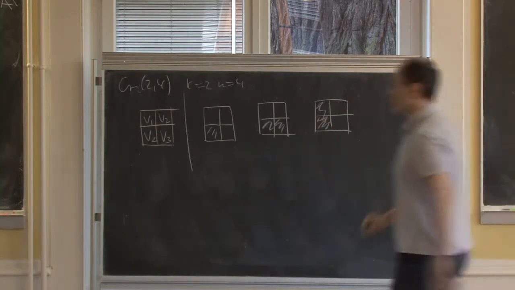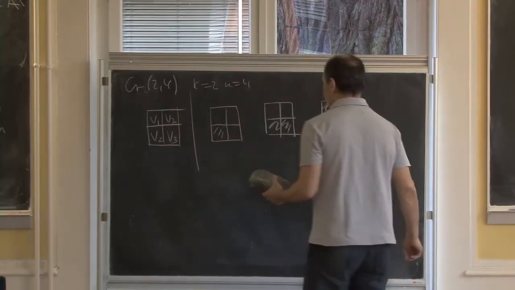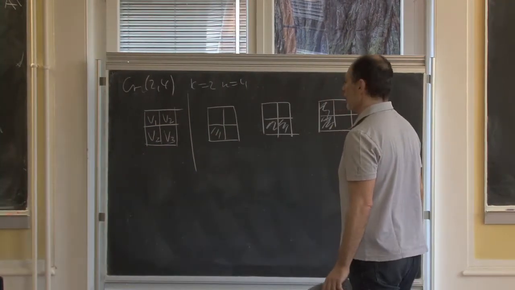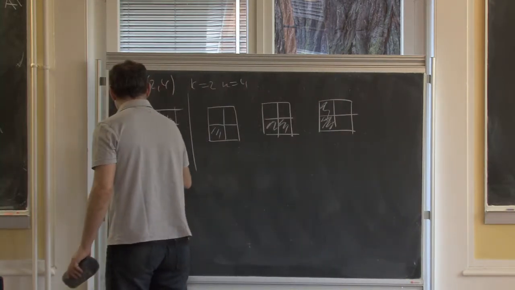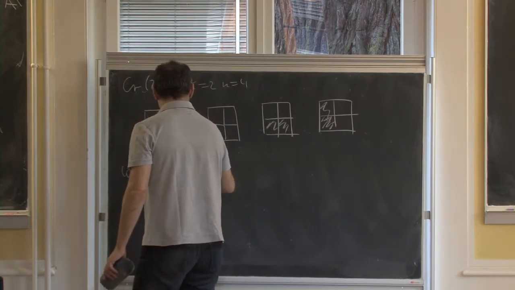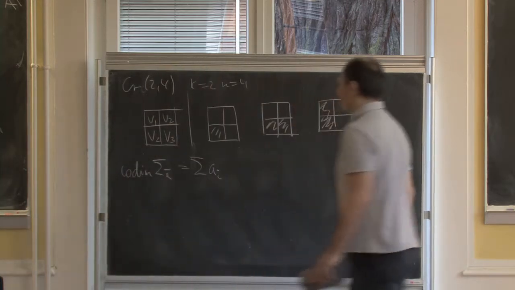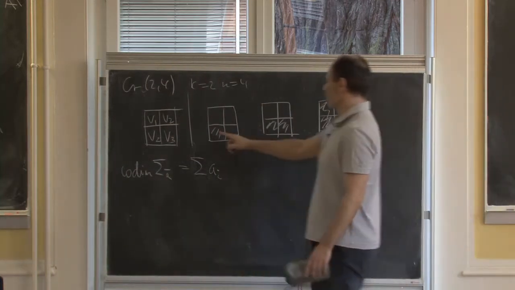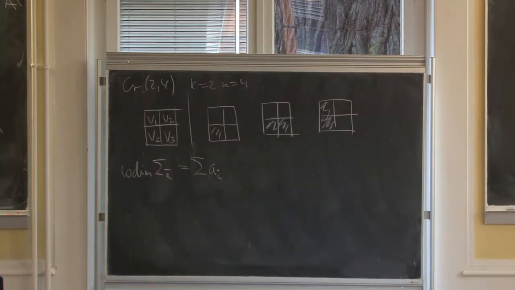So one important observation here: note the codimension of sigma A is equal to just the sum of the AIs. So here the codimension is 1, here the codimension is 2 and 2. And here let's explicitly write down what we see.